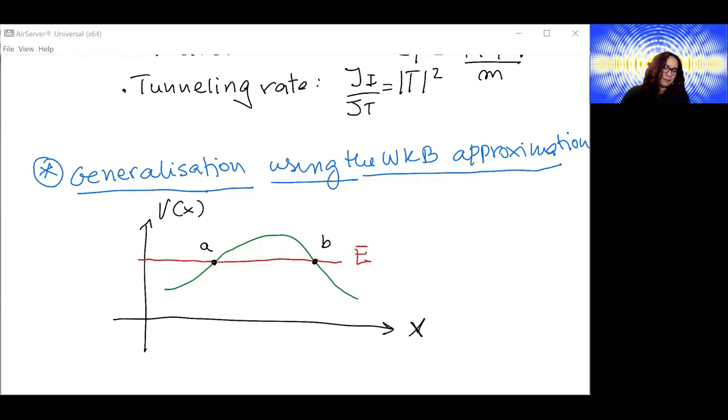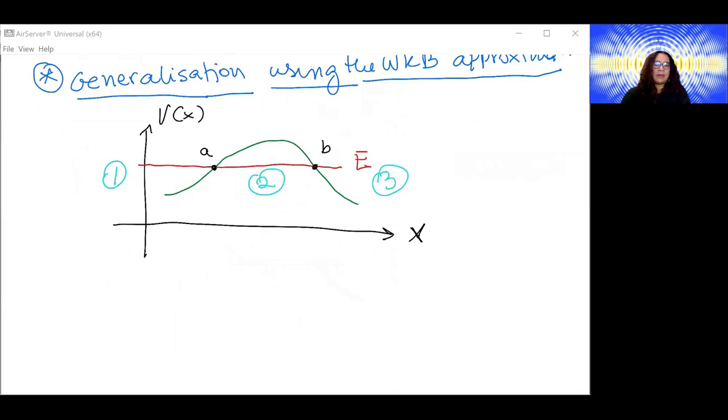And we're going to have 3 regions. So we're going to have region 1, which is classically allowed, region 2, which is classically forbidden, and region 3, which is classically allowed again. And we are going to assume that the particle is coming from the left in the classically allowed region.